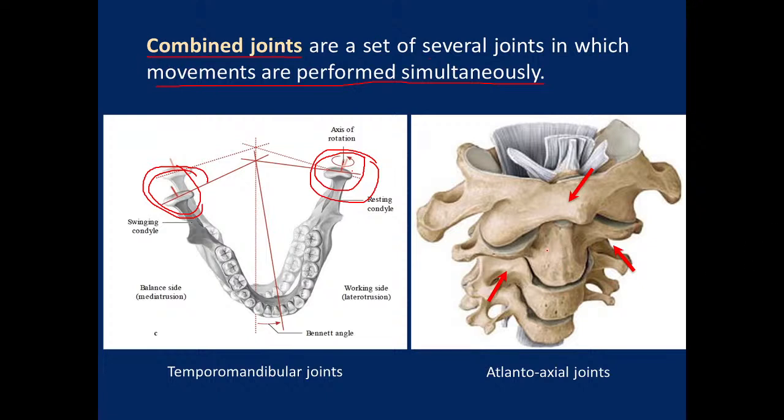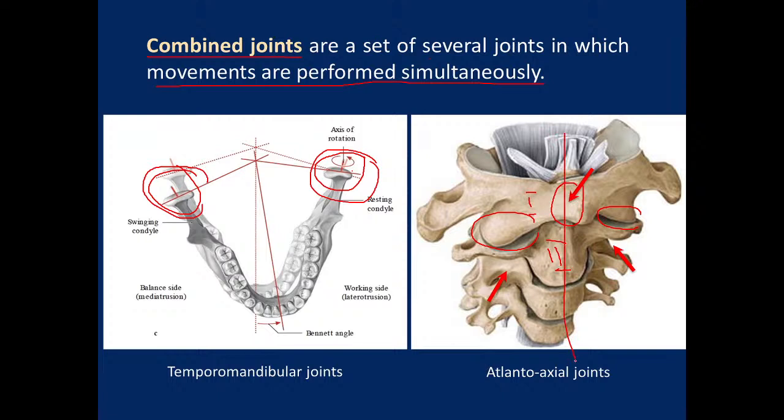For another example, we could demonstrate the joints between the first vertebra and the second vertebra. They have three joints: the central or median atlantoaxial joint and two lateral atlantoaxial joints.